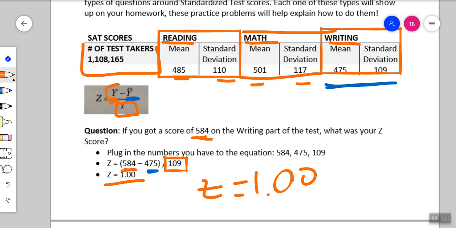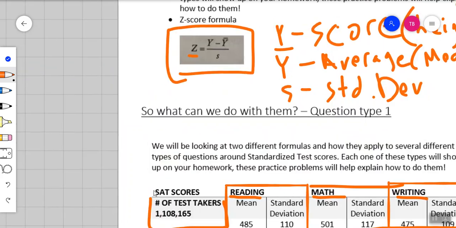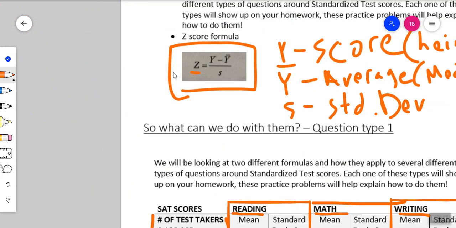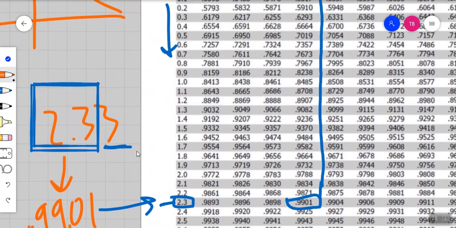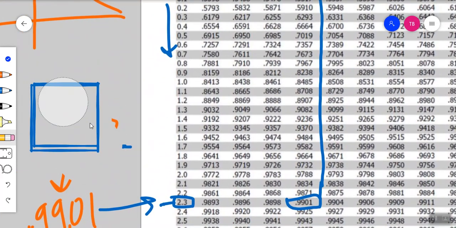Okay, so it doesn't ask for this, but I'm going to go back up and look this up on our z-chart just to get the practice. So z of 1.0. Let's go ahead and scroll up. Let's clear out some of these.